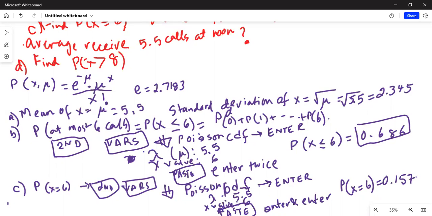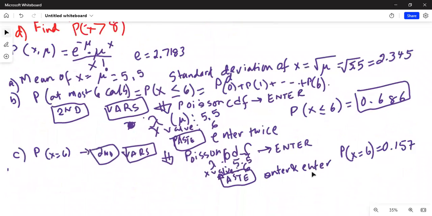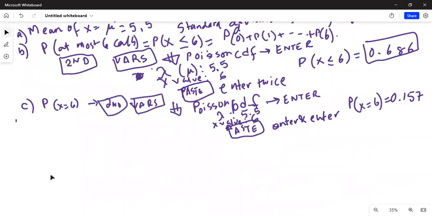Now the question has been asked, what does it mean for the staff who can on the average receive 5.5 calls at noon? So we create some more space. Okay, back to this.